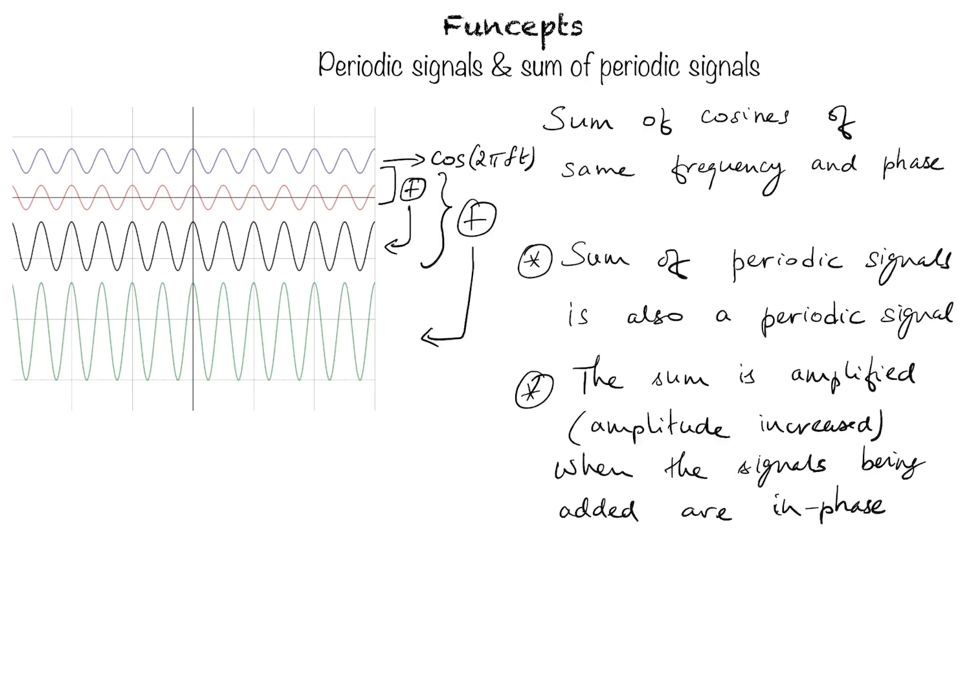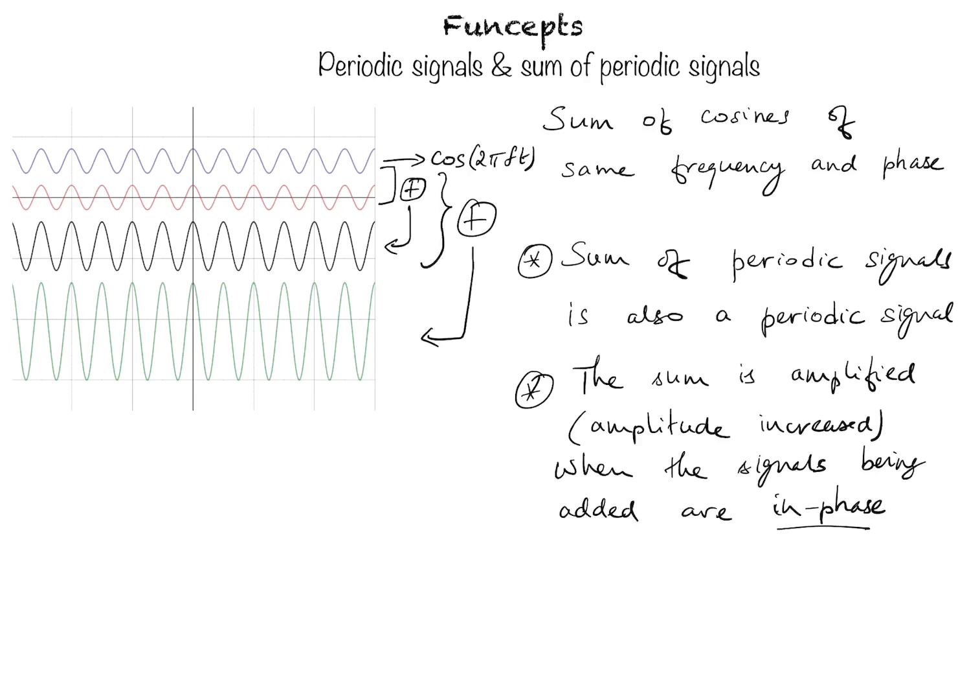So what do we mean by in phase? We mean that the waveforms have the same phase with respect to each other. So if you see all these waveforms, they have the same phase. That means they are perfectly aligned along the time axis.